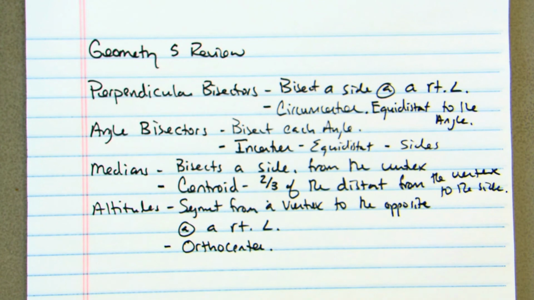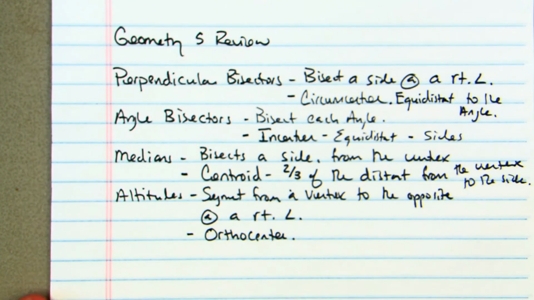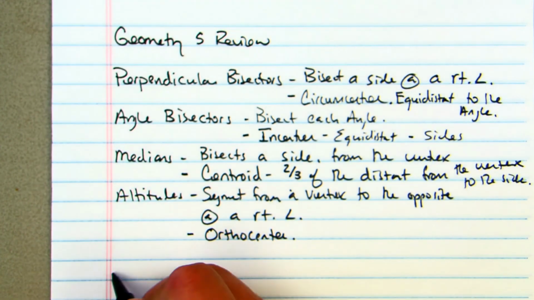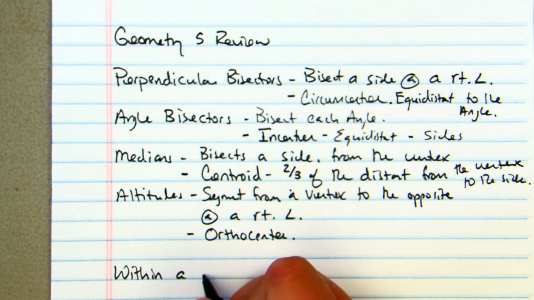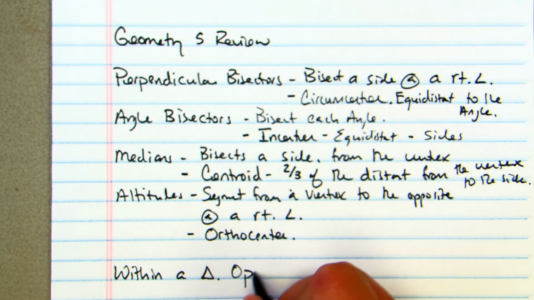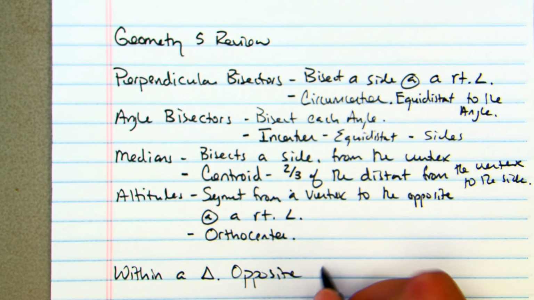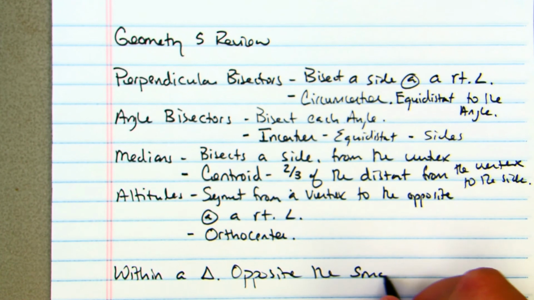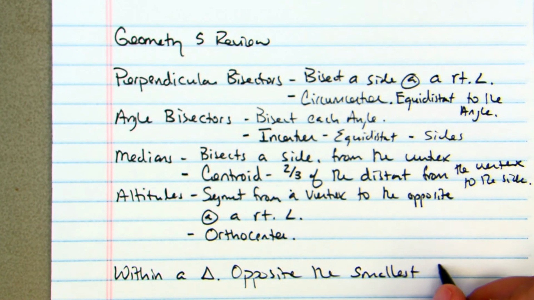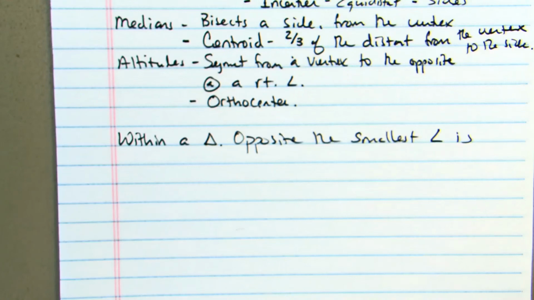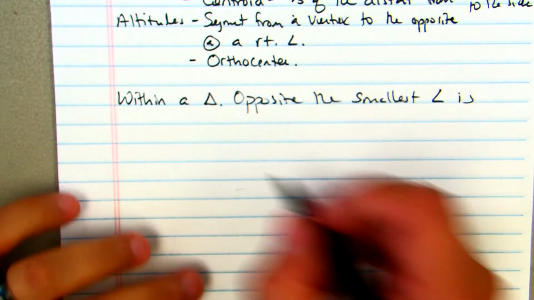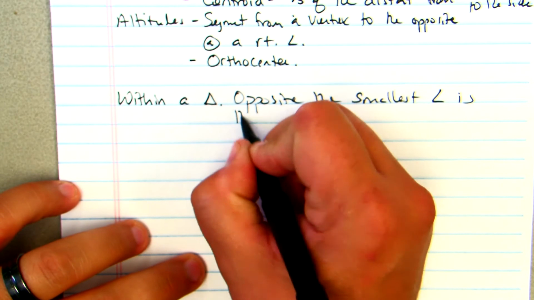Okay. Another thing you need to know from Chapter 5 is within a triangle, opposite the smallest angle is the shortest side.